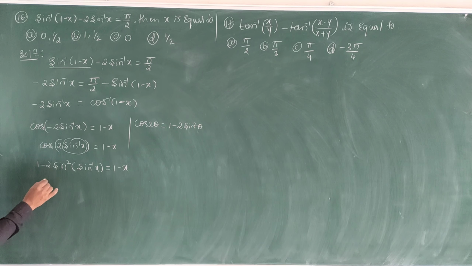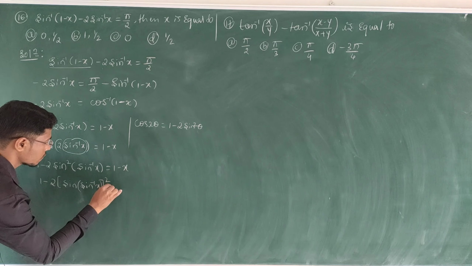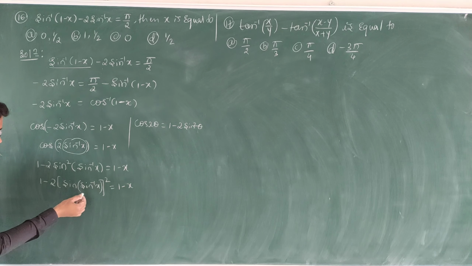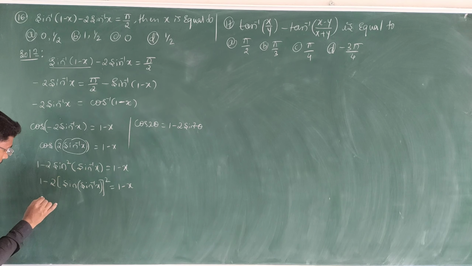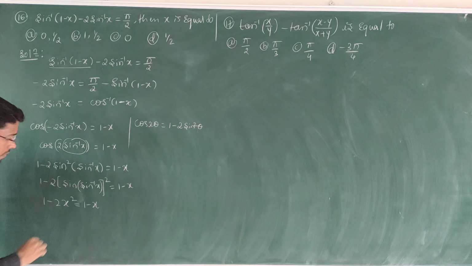Sin square theta, where theta is sin inverse of x, equals 1 minus x. So 1 minus 2 times sin inverse of x whole square is 1 minus x. Sin and sin inverse get cancelled, x remains, so x whole square, 1 minus 2x square is equal to 1 minus x.